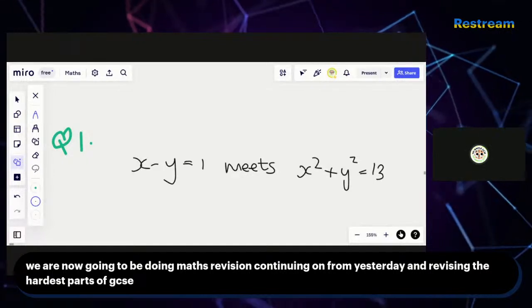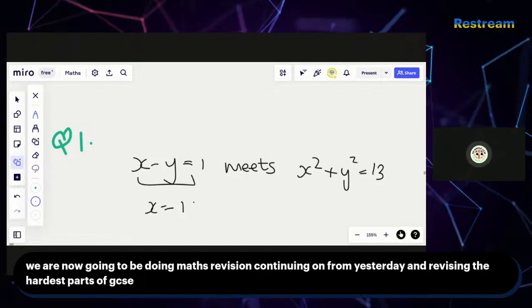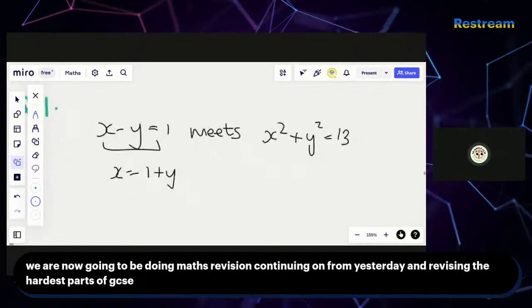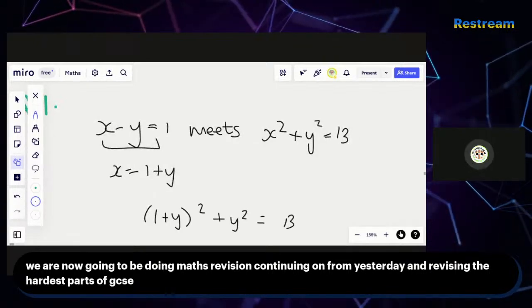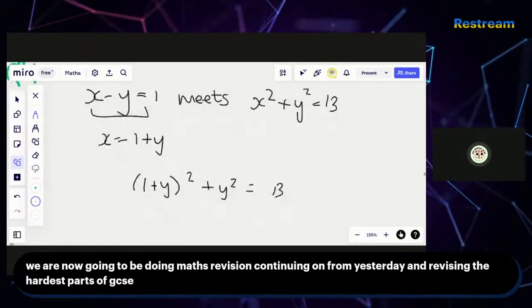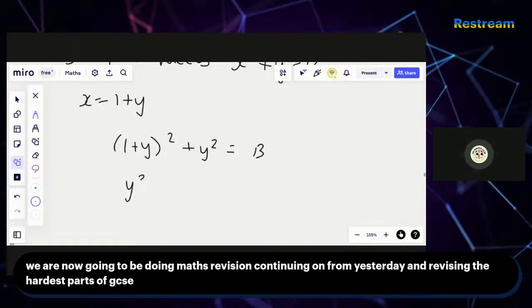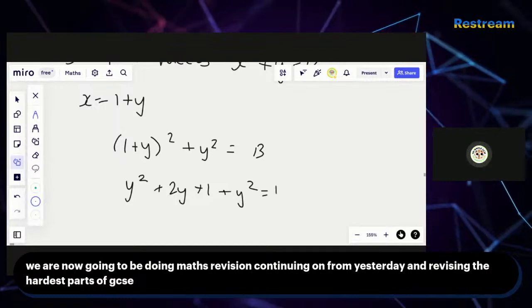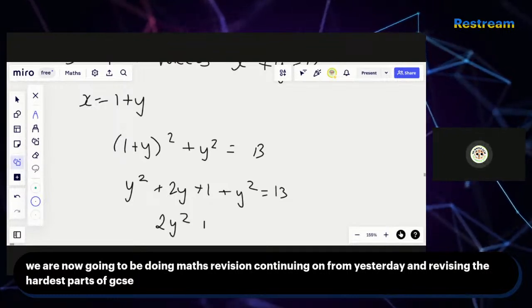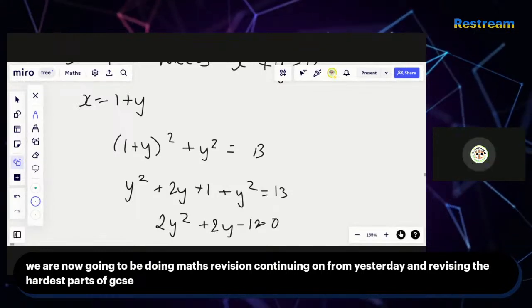So what you do here is you just rearrange this equation, as we know that x is now y plus 1. So what you do here is you just replace it, so you do (y plus 1) squared plus y squared is equal to 13. Now (y plus 1) squared gives us y squared plus 2y plus 1, plus y squared is equal to 13. So then you get 2y squared plus 2y minus 12 is equal to 0.